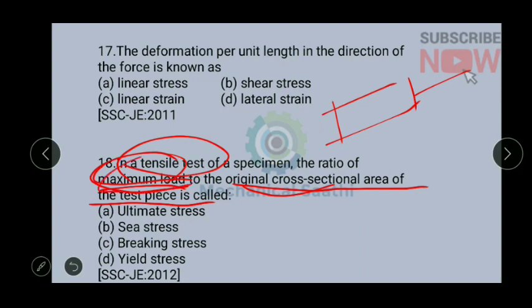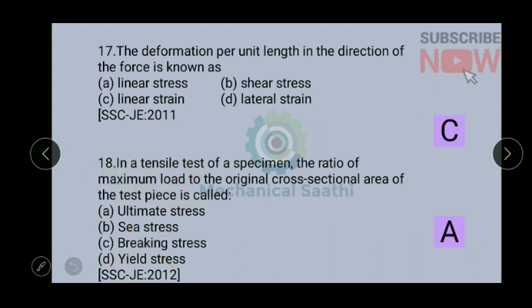Load per cross-sectional area is stress, and with the maximum load applied, we call it the ultimate stress. So here option A will be the correct answer. So for question number 17, C is the correct answer, and for question number 18, A is the correct answer.